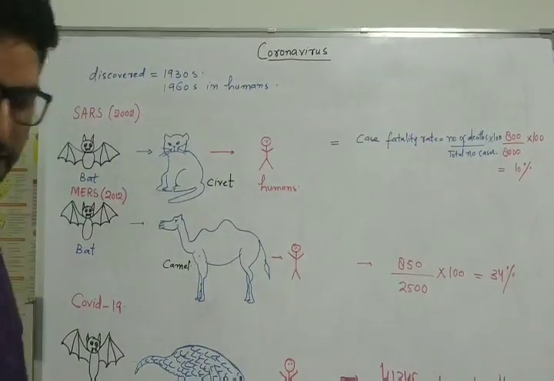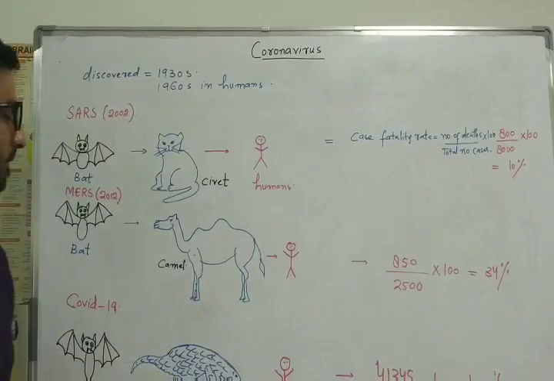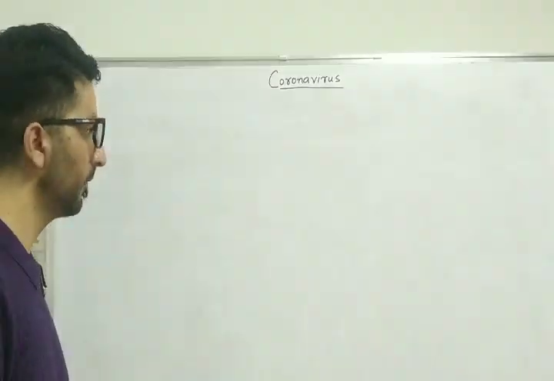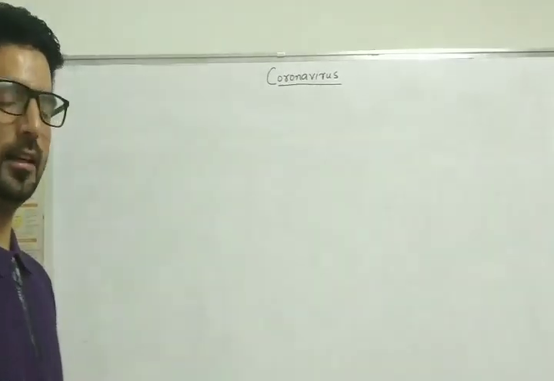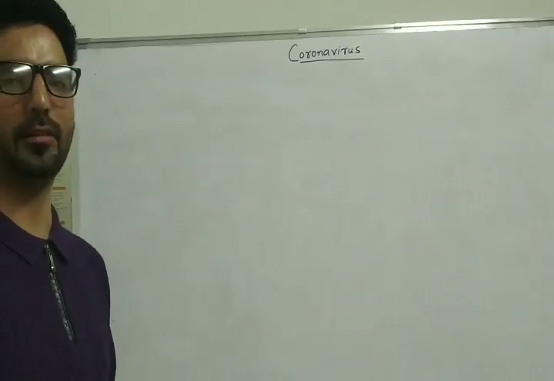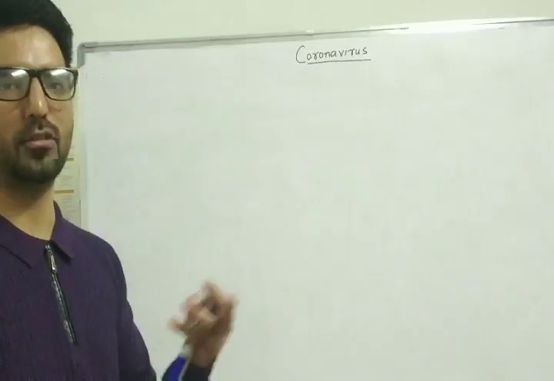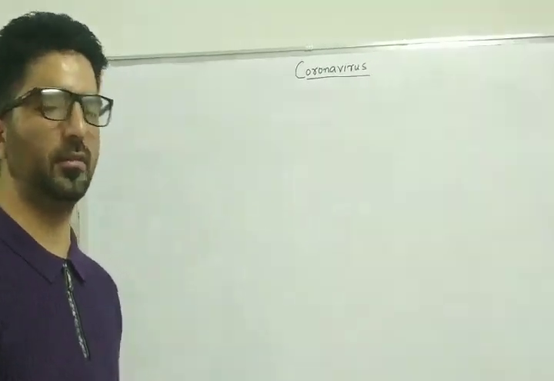Now we're going to talk about the spreadability of the coronavirus. What's the degree of spreadability of the coronavirus? It means how many other people one person can spread it to. What is the ratio?